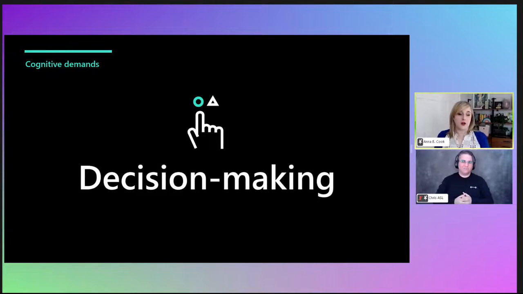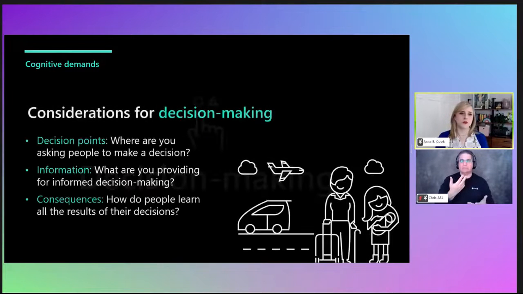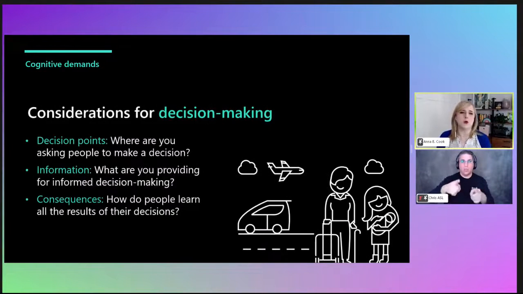Our next cognitive area is decision-making. Now, people have very different sets of considerations for decisions: stakes, consequences, risks, contextual information, and more. When it comes to empowering people's decisions, we need to consider what our experience provides at every decision point.